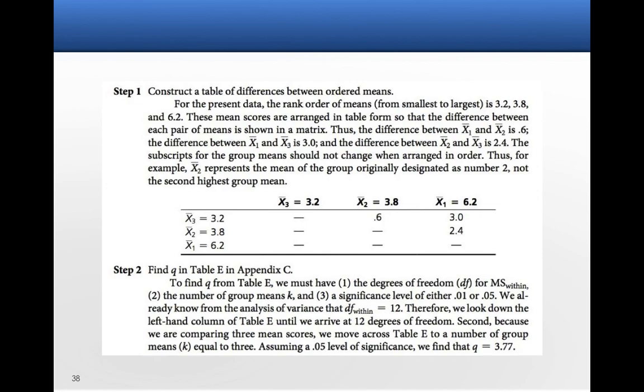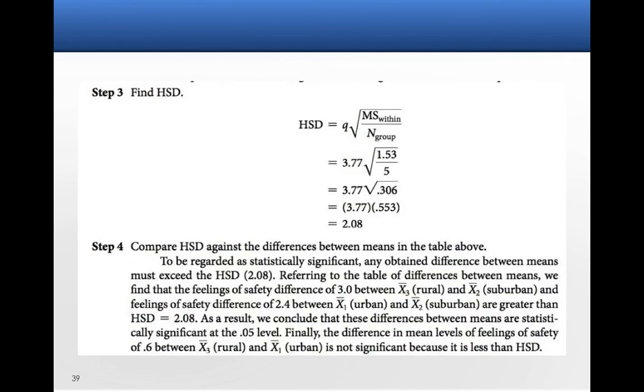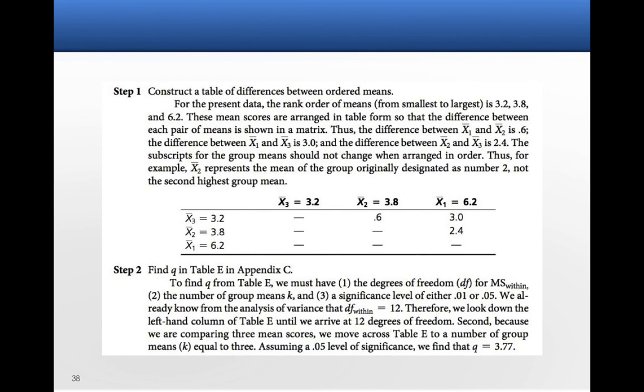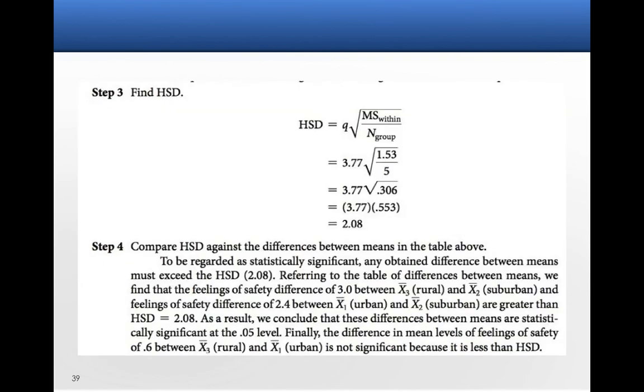Step 1 here. Does anything exceed 2.08? Right? So the difference between x3 and x1 and x2 and x1 does meet that requirement. Okay? So the only place it isn't significant is between rural and urban schools.